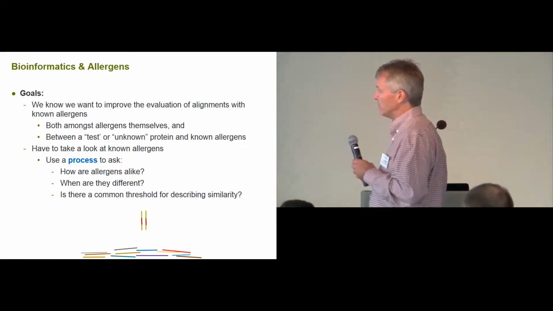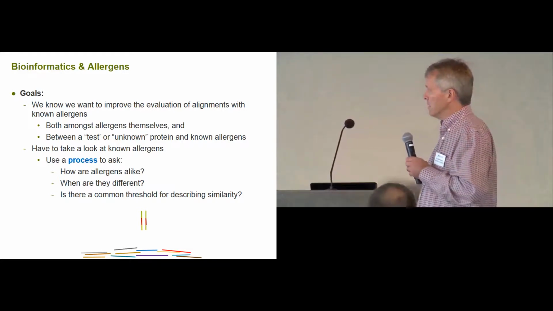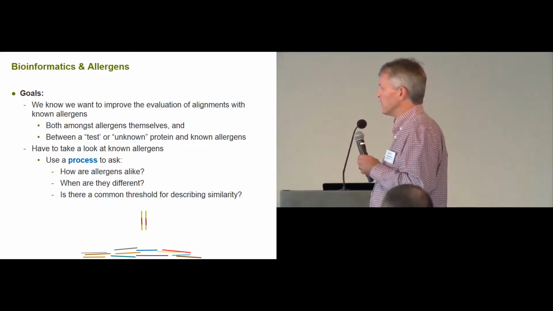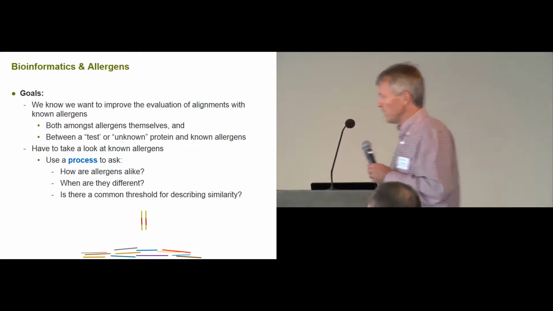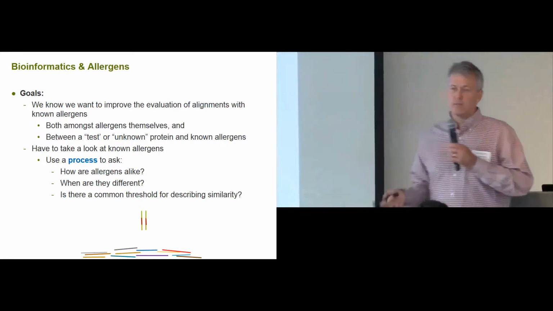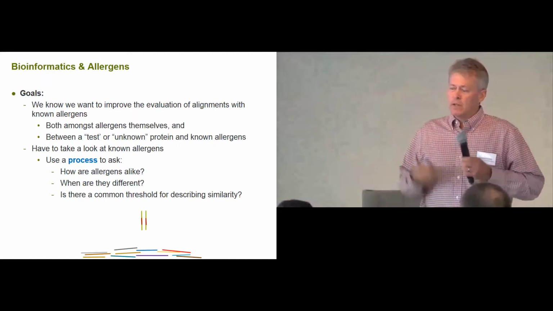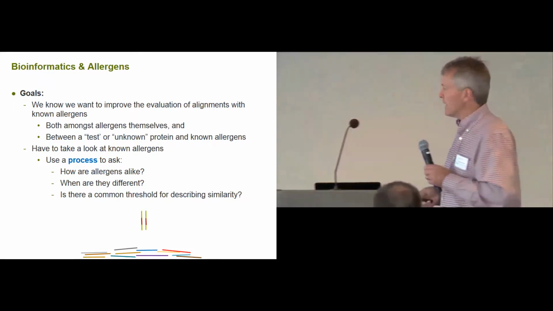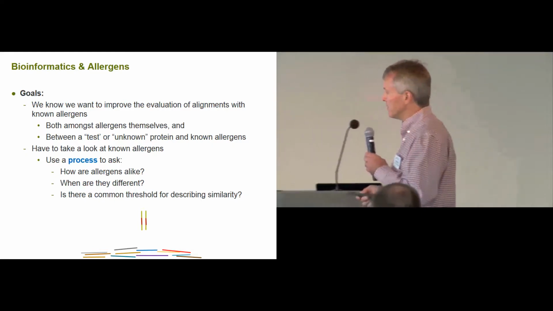If I could, I'd like to know how all the allergens are alike or not alike. When are they different? And is there some kind of common threshold for describing similarity? Meaning this last part here is, can I actually find a new line in the sand with bioinformatics where I could ask that for any allergen? We're not there yet. I'll give part of the answer away already. We're not there yet, but I'll show you where we can actually get at some of this.